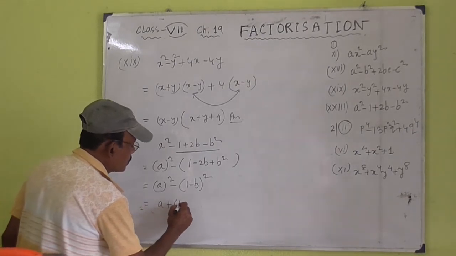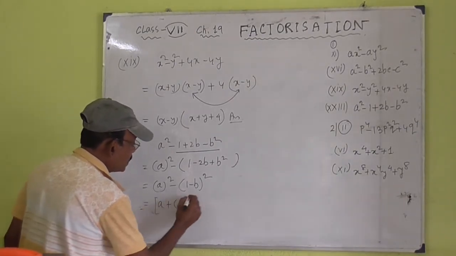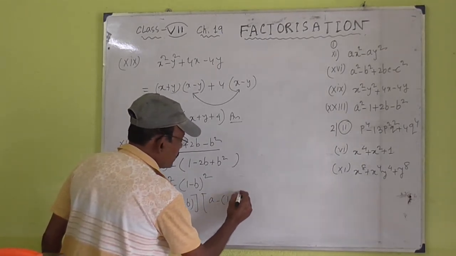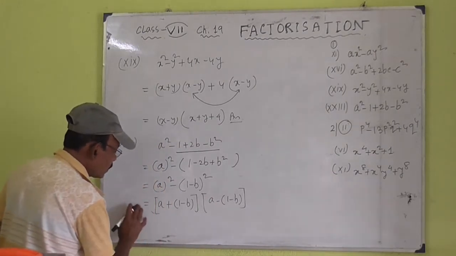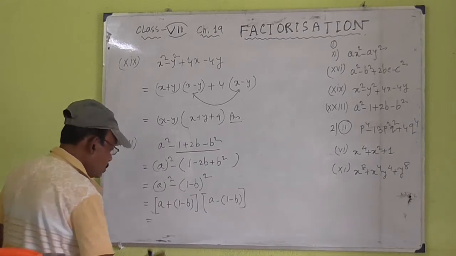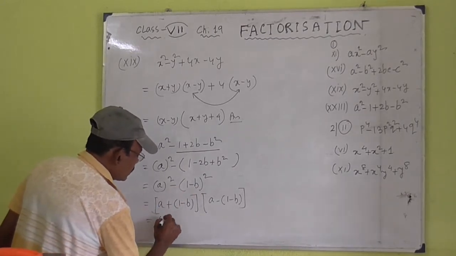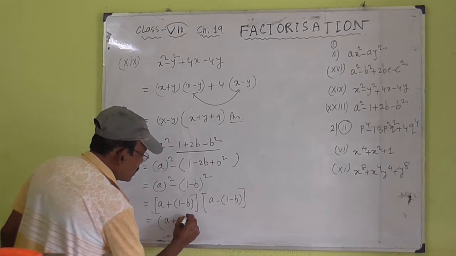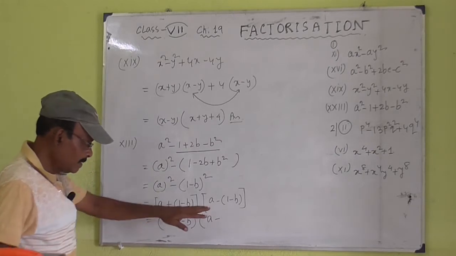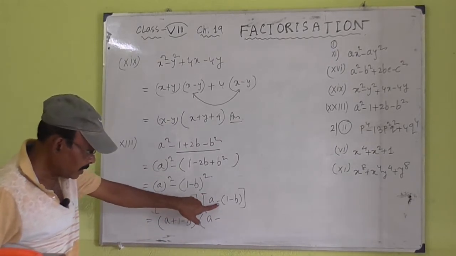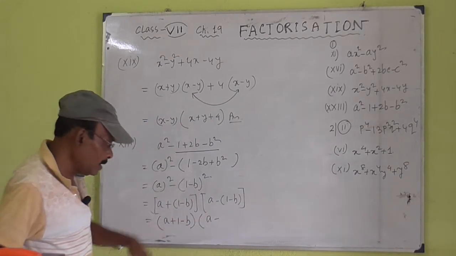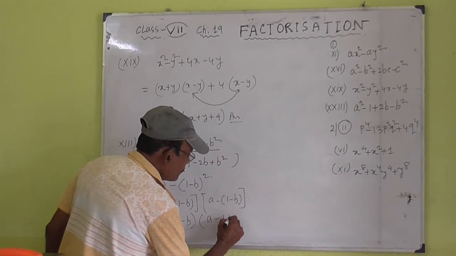So here a plus b into a minus b. Now, to get the simple formation, open the bracket. Look at this, here in front of the bracket there lies the minus sign, so when you open it must be plus sign.